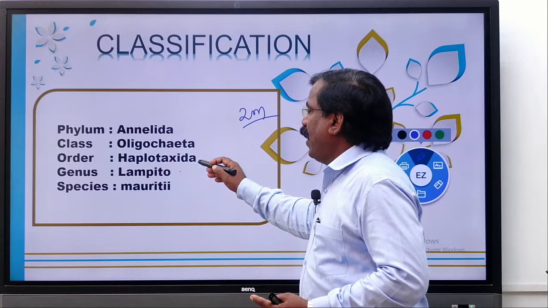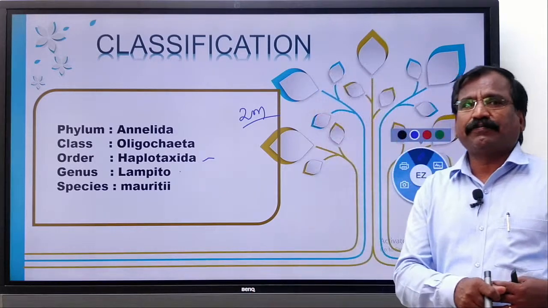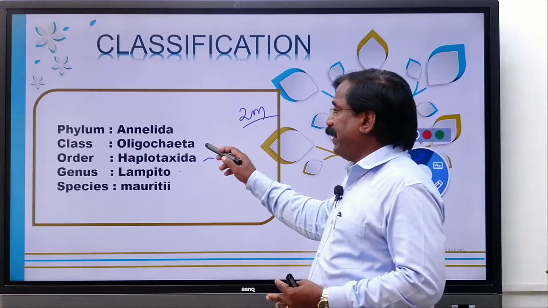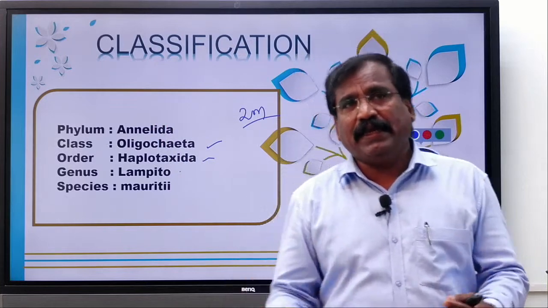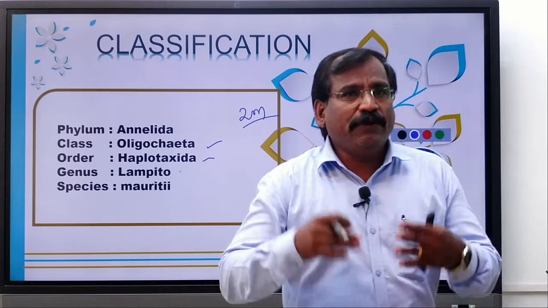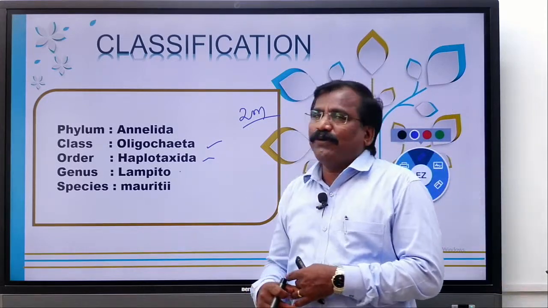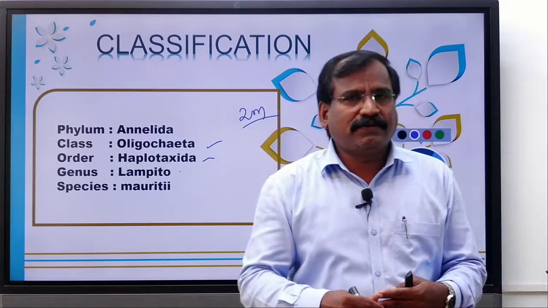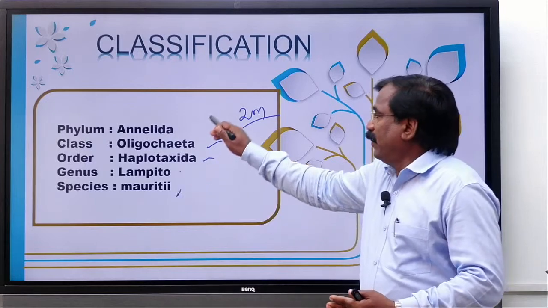Order Haplotaxida. Class is Oligochaeta. Already we know that the phylum is Annelida. Phylum Annelida, Class Oligochaeta, Order Haplotaxida, Genus Lampito and species is mauritii.